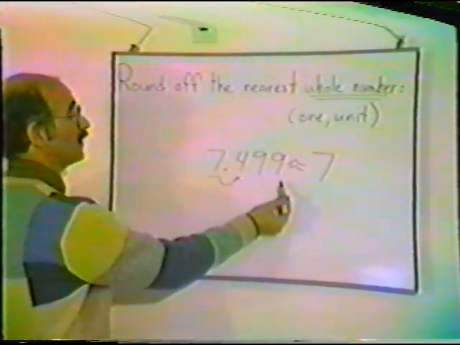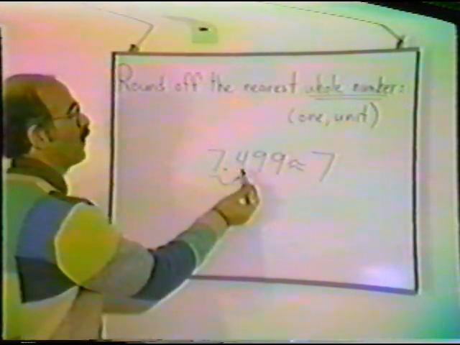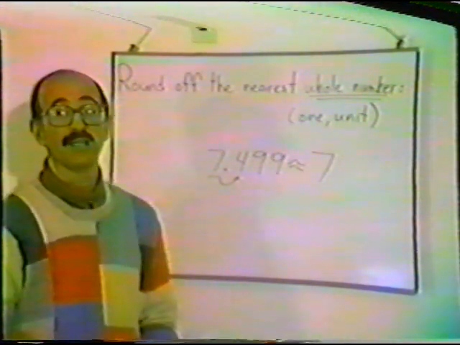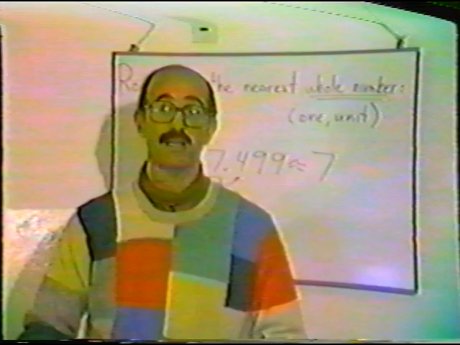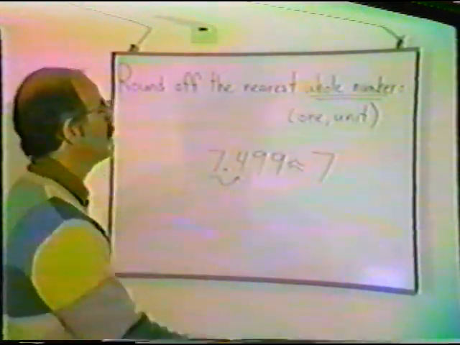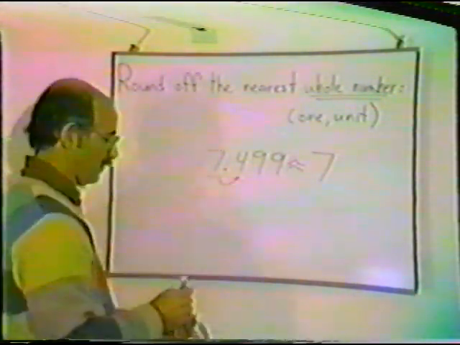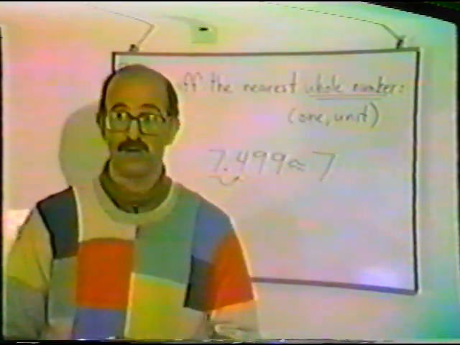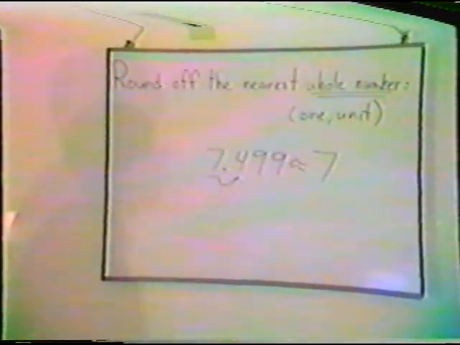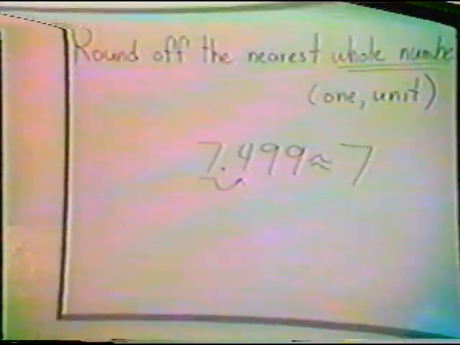Even if we did look at the 9s, we can see that 499 is less than 500, which is less than halfway there. But we don't need to. We just forget about those numbers and we don't use them at all.